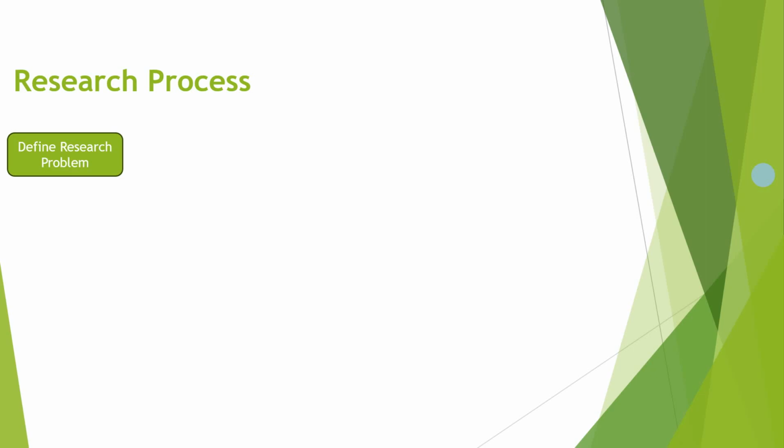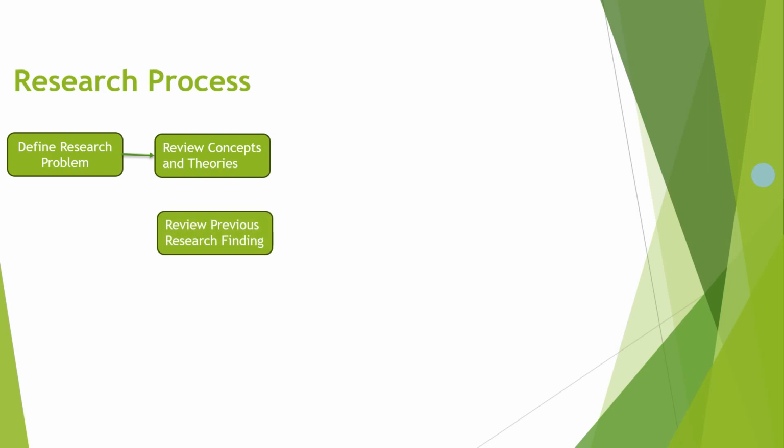Okay, now defining the research process. I was just defining the research problem. Firstly, try to identify the research problem you want to solve, and after that you need to review the concepts and theories. Suppose you want to perform research on policy development, then at least you need a basic understanding of how a policy is formed and what the different steps are. So you need to understand the concepts and related theories, how the certain process needs to be done.